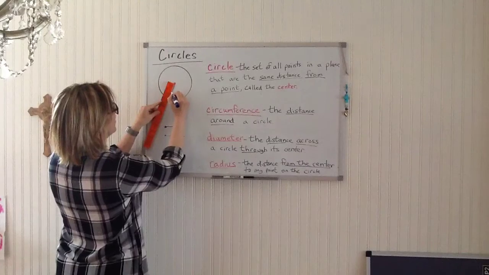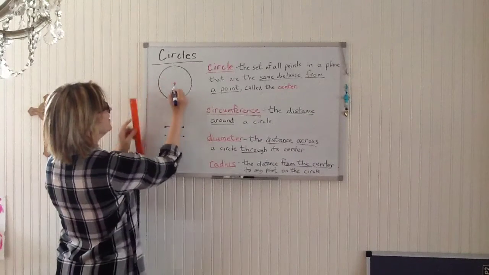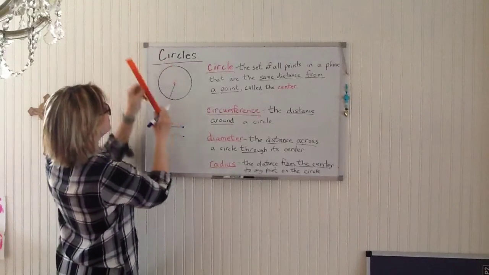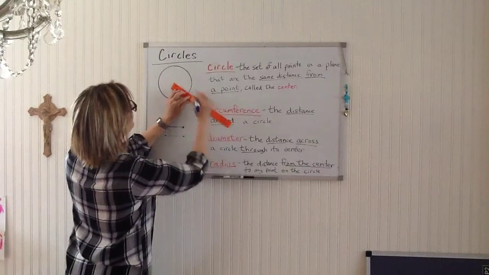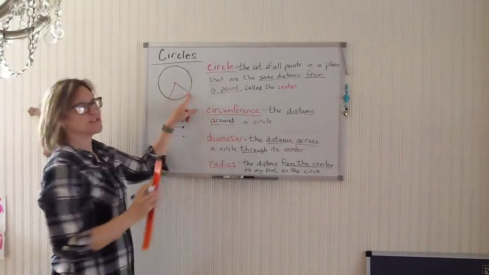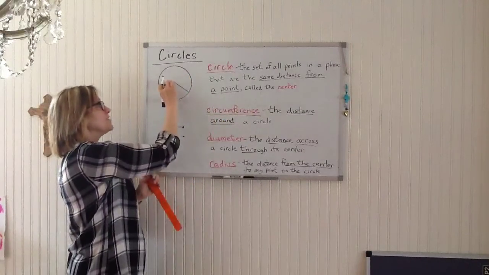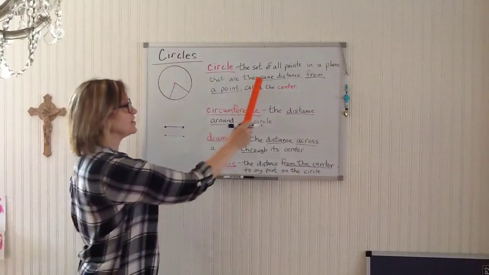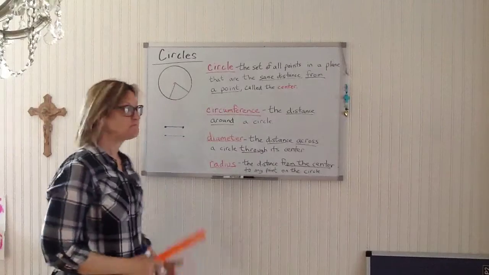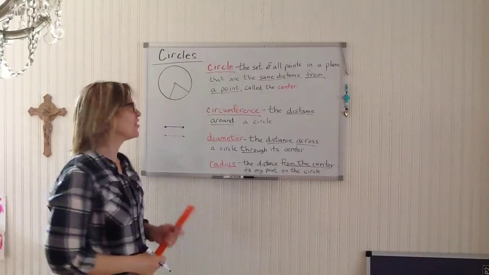If I were to draw a line from here to here, the measurement of this line would be exactly the same as if I drew a line from the center to this part of the circle. So this measurement and this measurement are the same because they're the same distance from a point called the center. So that's actually what a circle is.